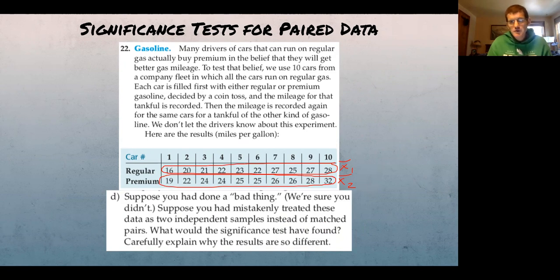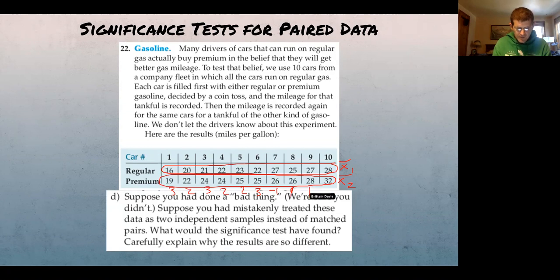Without running through the full calculations, it would not be statistically significant. The reasoning is, notice that from one car to the next, whenever we created our differences, we got basically consistent numbers, and that shows that we are consistently getting some results.